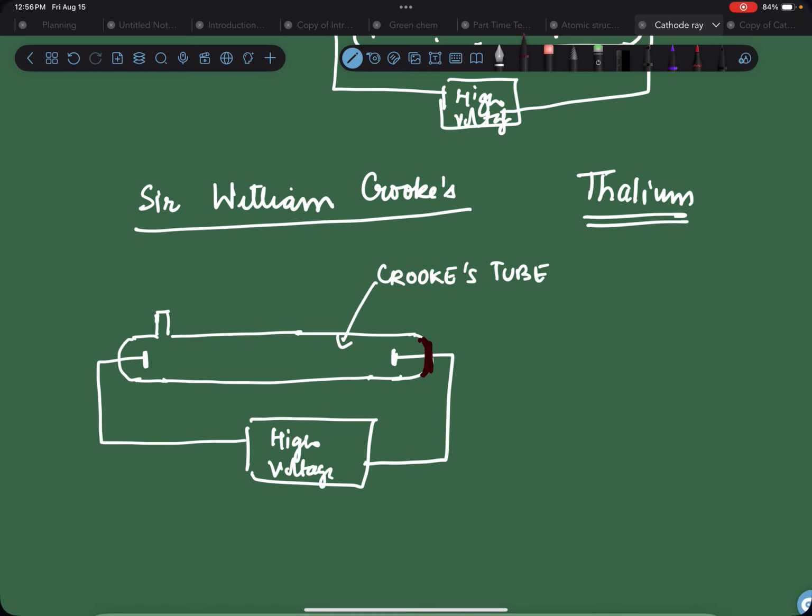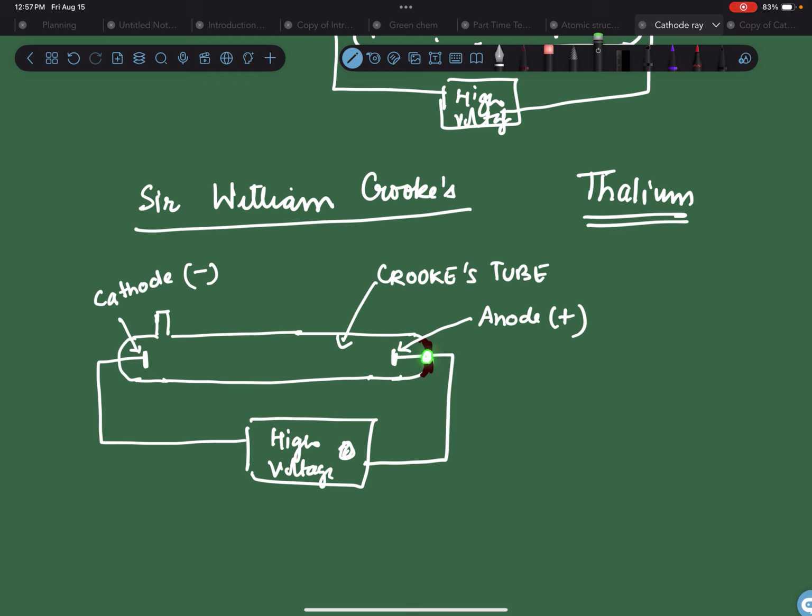So let me tell you that this terminal or this plate is the cathode, and this terminal is the anode, the positive terminal. This is the negative terminal, right? So when he switched on this high voltage after doing the evacuation, he observed a glow here.